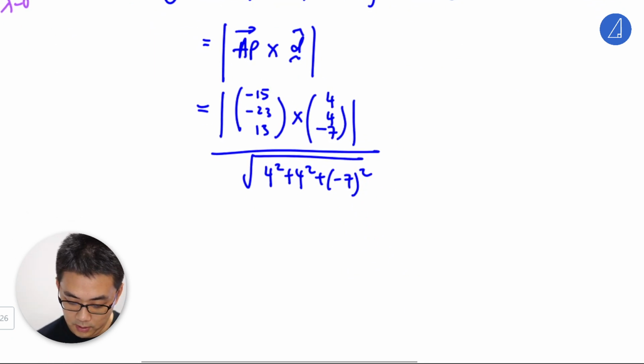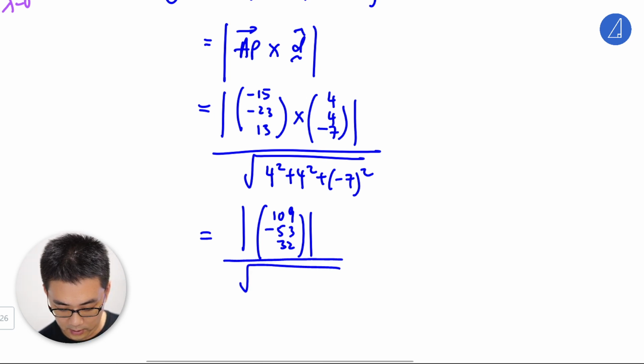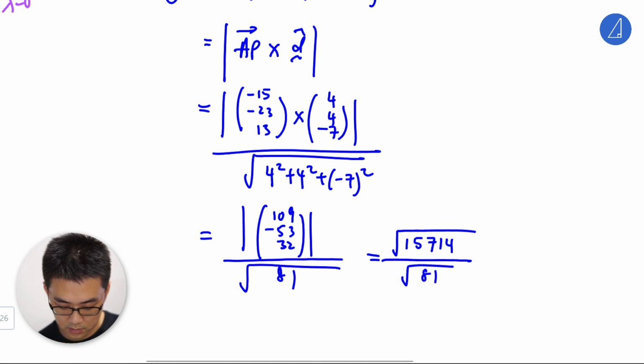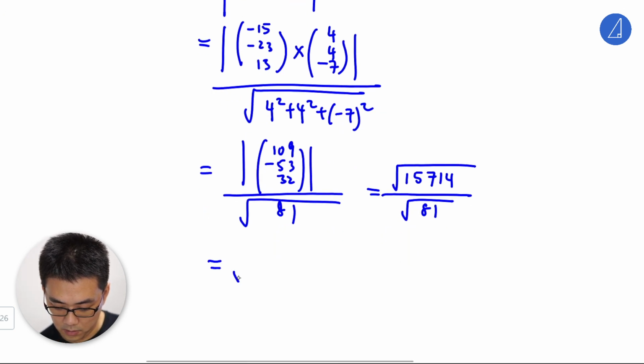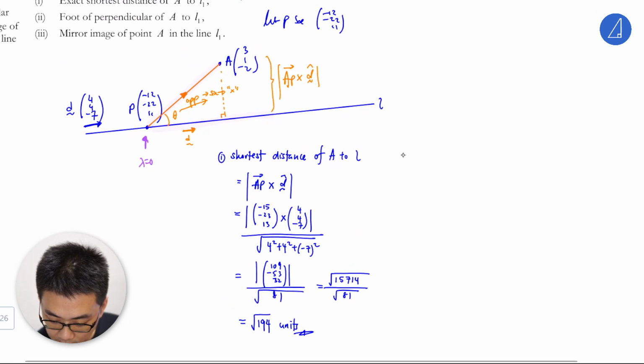This part here is just cross product. You can just copy mine. I know it's a lot of things to do, but you can go back and try. Part 1 done. Part 2 for the perpendicular.